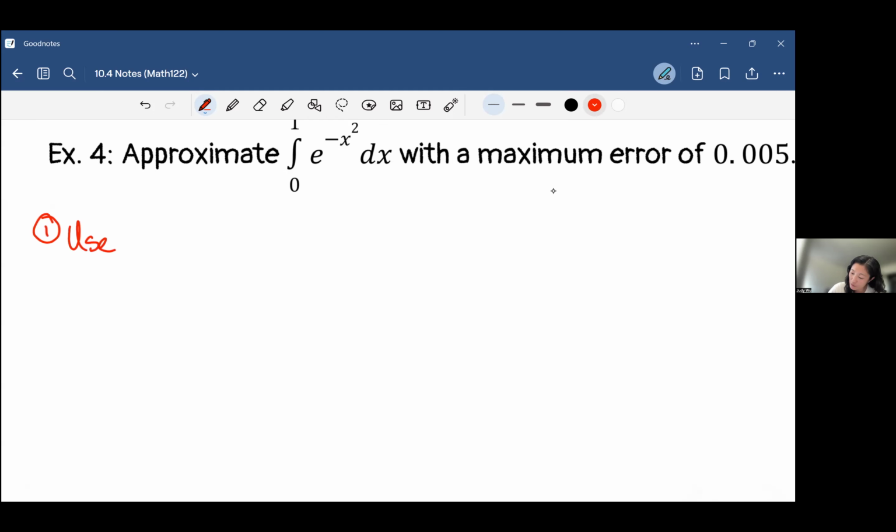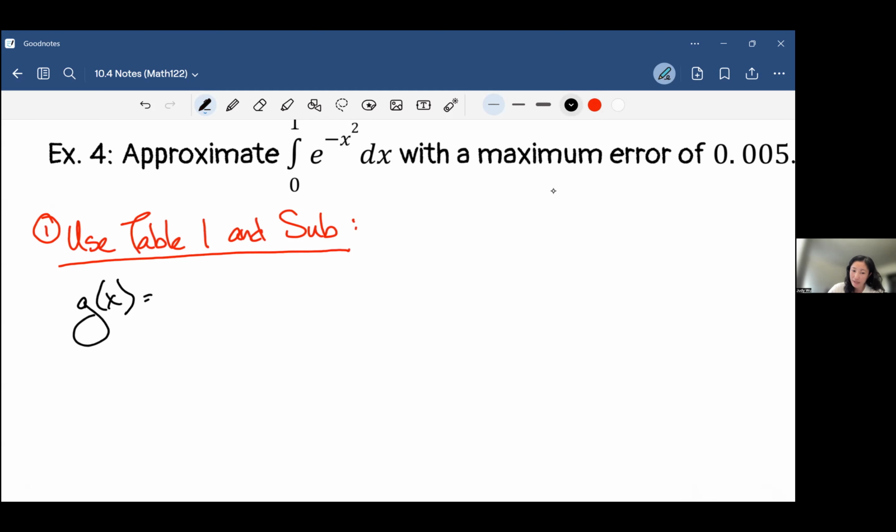The first thing we're going to do is use our good old table number 1 and the idea of substitution. I know that g of x, which is in our table, is e to the negative x, which equals 1 minus x plus 1 over 2 factorial x squared minus 1 over 3 factorial x cubed, plus it keeps going.